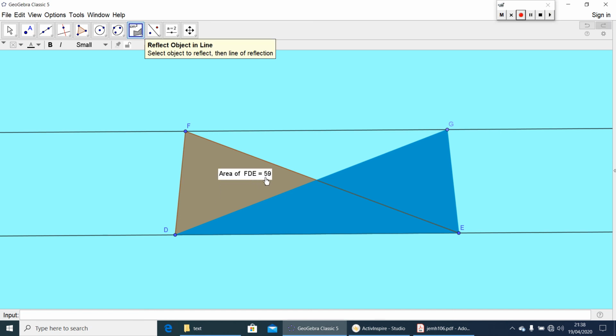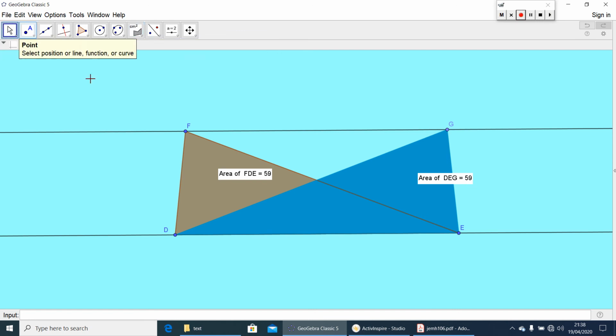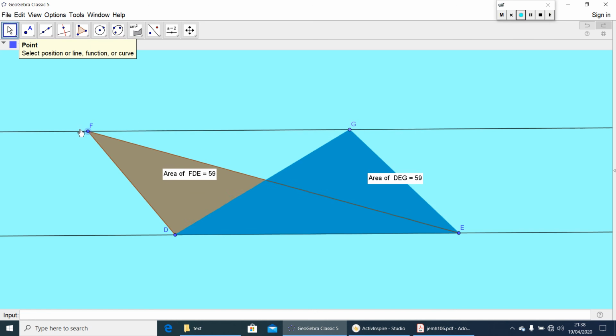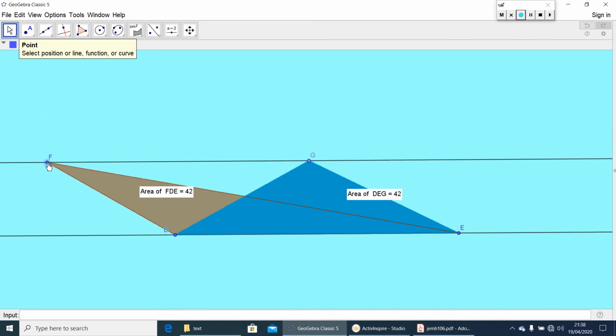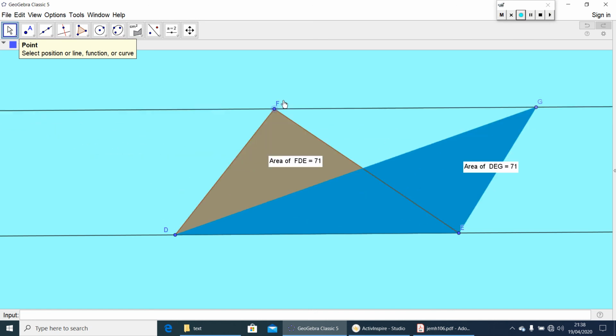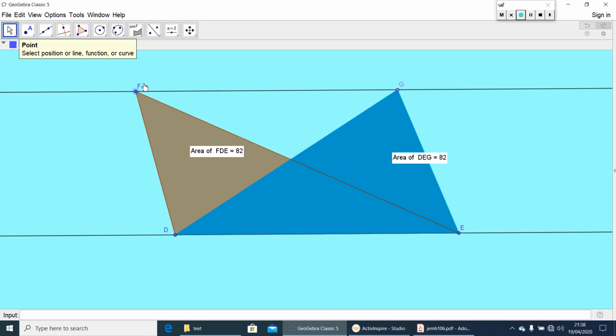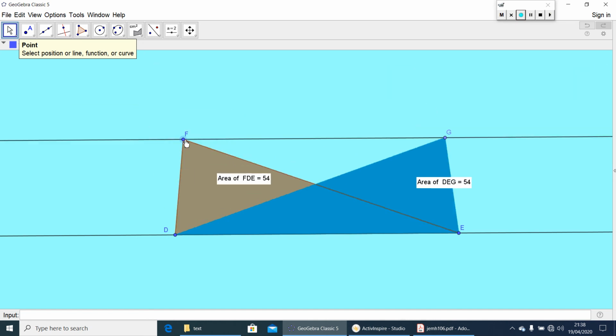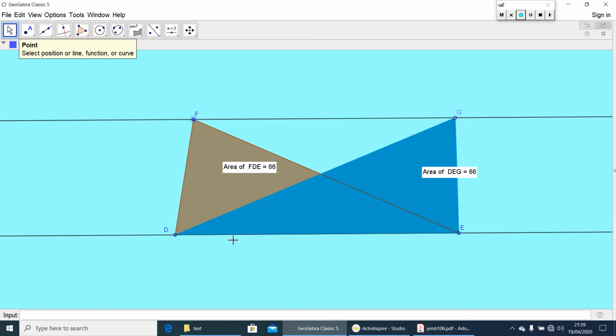Here the area of FDE is equal to 59 square units. The area of DEG is again 59 square units. That means both the areas are equal. Now if we change the size, you can see the areas will be equal in all cases. That means triangles having the same base and between the same parallels are equal in area.